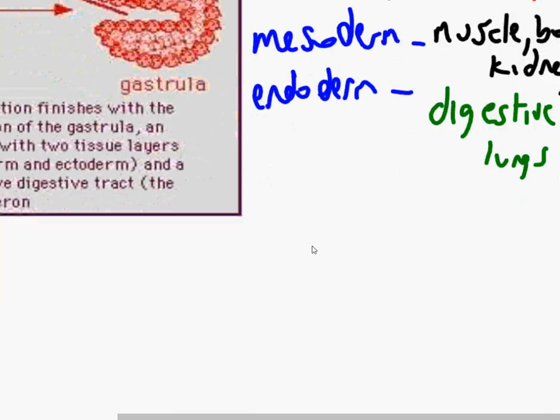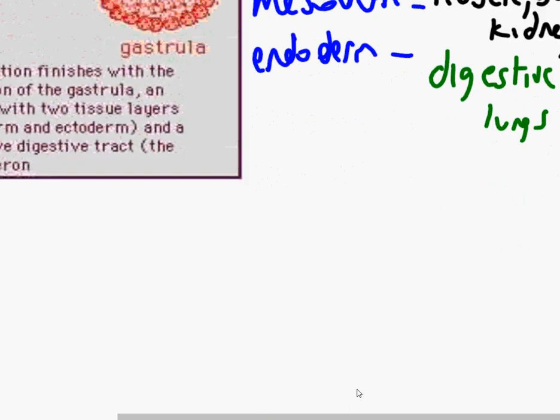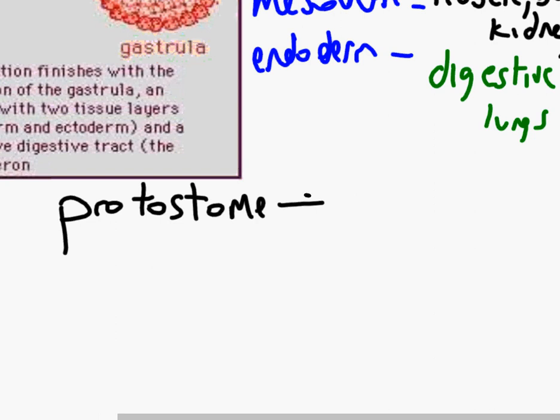And the way that this tube forms with the most primitive kinds of animals, these animals are called protostomes, and they form mouth first. So basically the tube works from the mouth to the anus, the other opening.